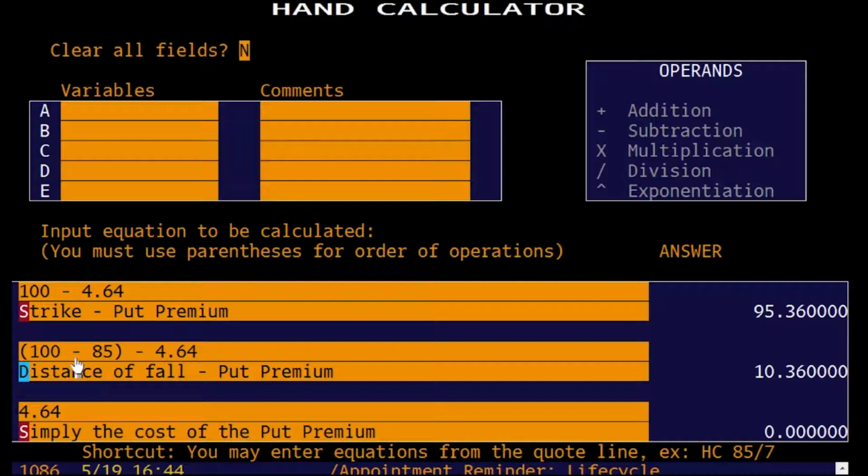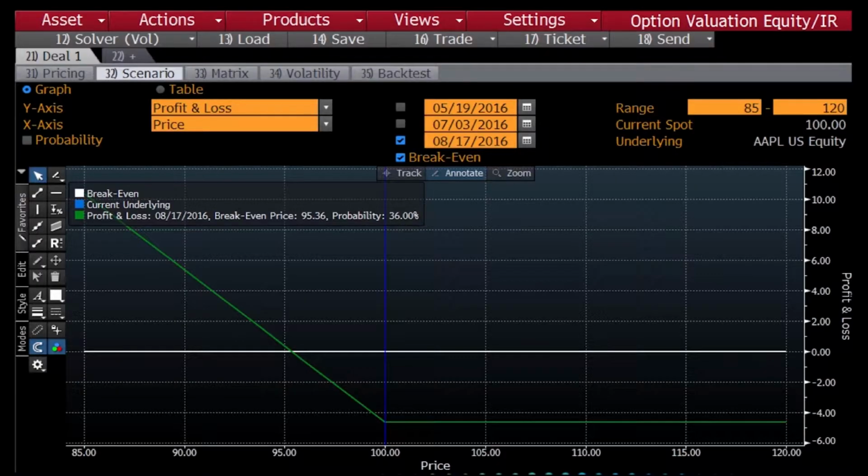You can see that the distance of the fall to $85, take away the put premium, gets me my 10.36 profit at $85 underlying, and simply the cost of the put will be my P&L, as in a loss of 4.64 at $120. So that's mathematically how I get to those same numbers if you wanted to do it yourself. Okay, that's question 10, question 11.